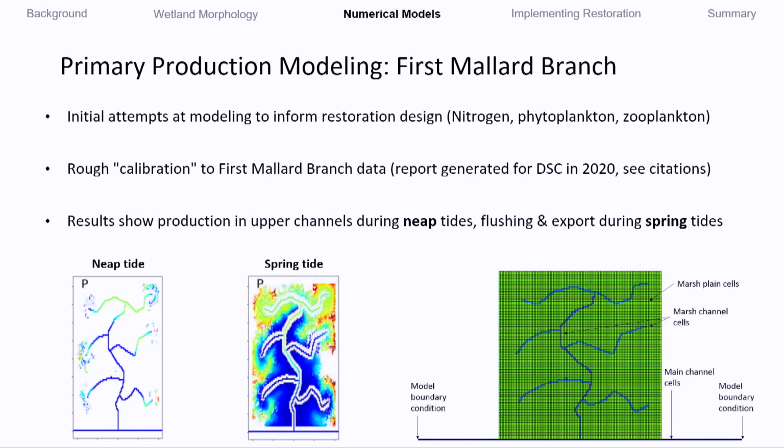The basic results of this model show similar to what we were seeing in the field, where you get higher residence time water in the upper channels on the neap tides, and then on the spring tides, you get flushing and export.